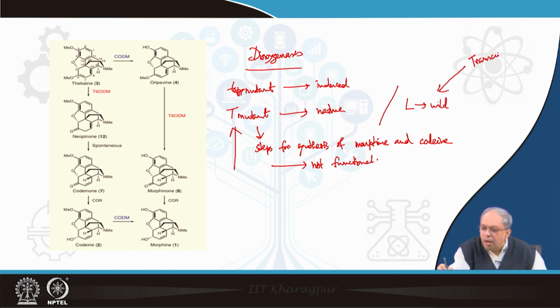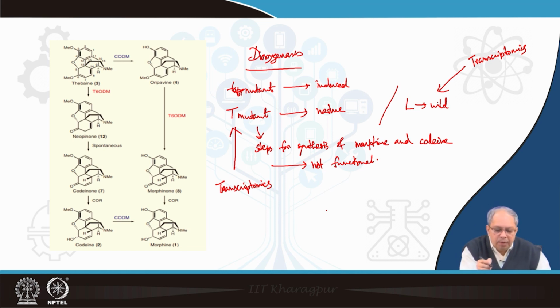Comparative transcriptomics data was used to fish out where the real defect lies, and when they compared the transcripts, they found that in the T mutants there are genes which are not the same as in the wild type. That means there lies some defect or some mutation happened, and through further analysis they found out these two.